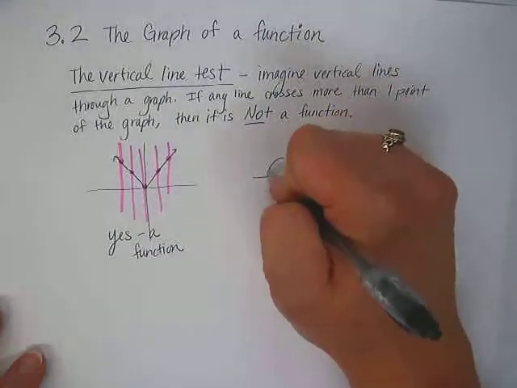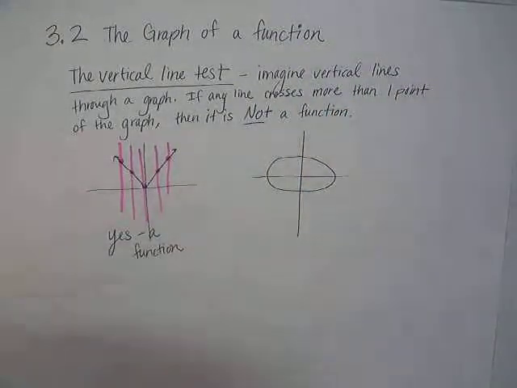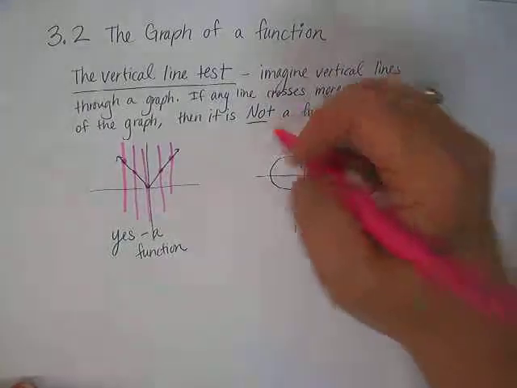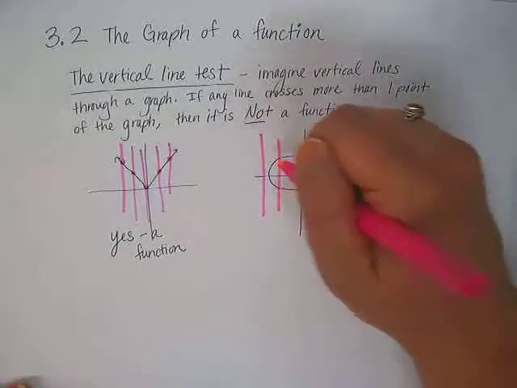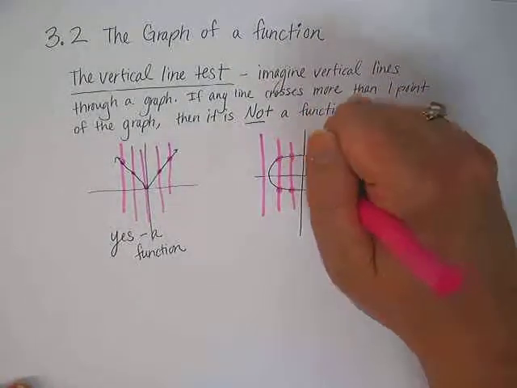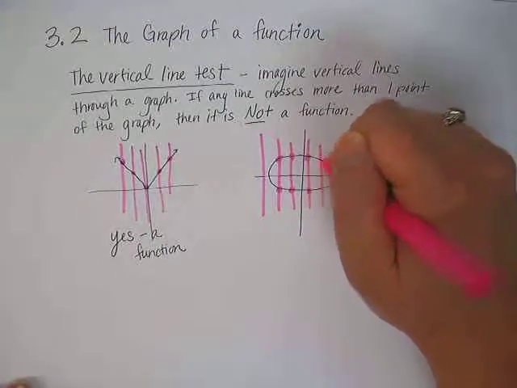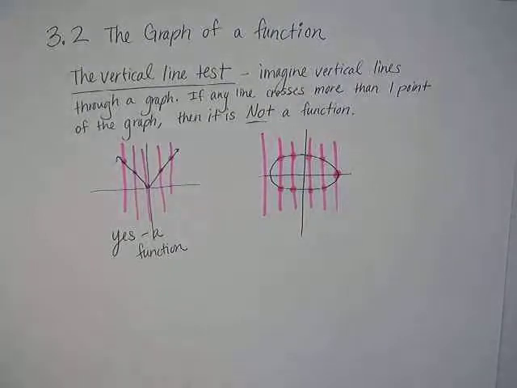But what if we have something like a circle or an ellipse? Over here it crosses 0 points. Does that count for anything? There it crosses 2 points. And 2. And 2. Yeah, you can stop.